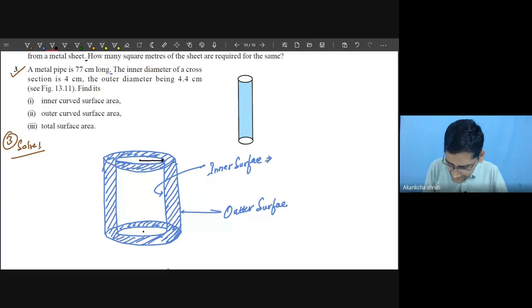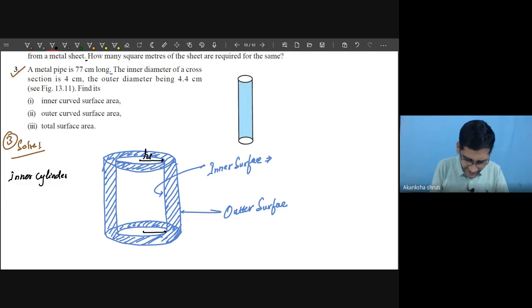So for the inner cylinder, we may write the given thing here: inner cylinder or the inner surface, the radius, let me denote it by Ri, is given as 4 centimeter. But the other one is of a bigger length, which can reach up to the outer one.